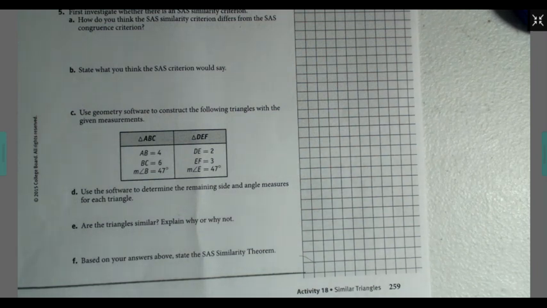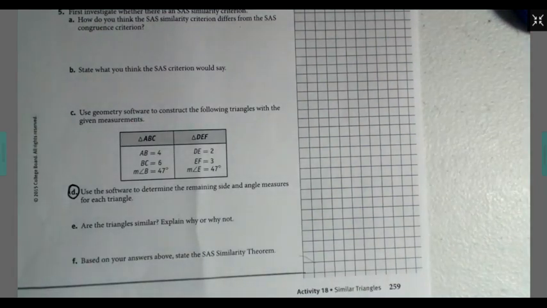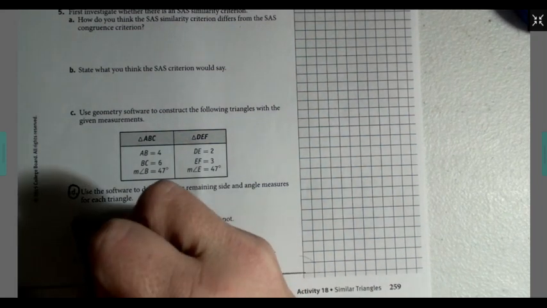Okay. In this particular problem, I'm going to give you the answer to D, but we're going to work through the others. I want you to do A, B, and C. We're also going to do D and E together.